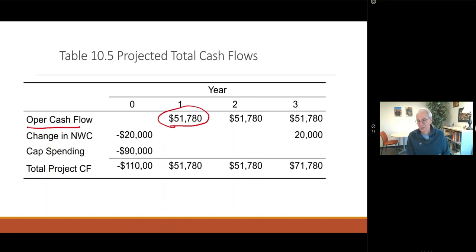That's another way to do it other than what I just showed you, but like I said, you can do it about 4 different ways. That's going to be the same for each year. Change in net working capital was given. So that's an outflow, and then we're going to get money back at the end, so that's an inflow.